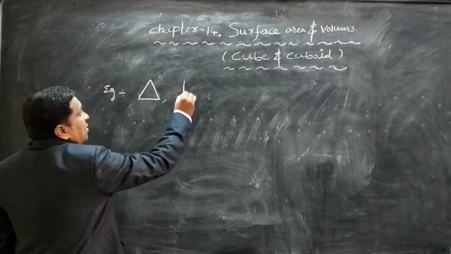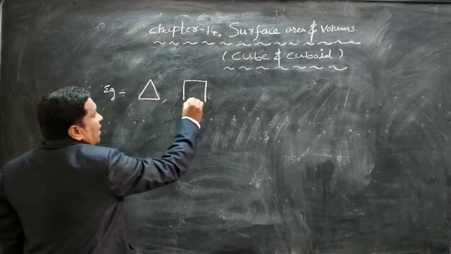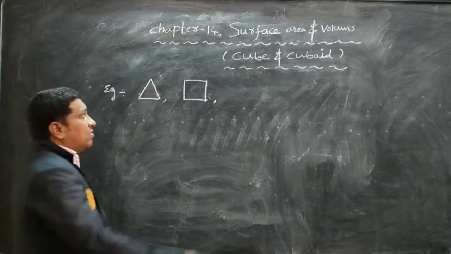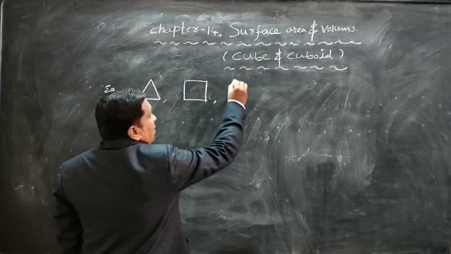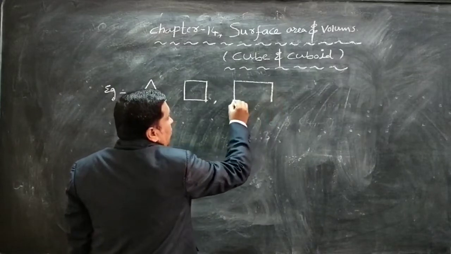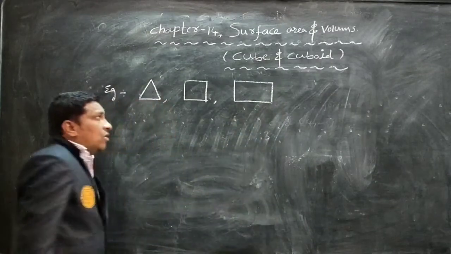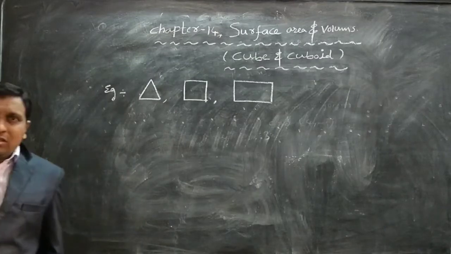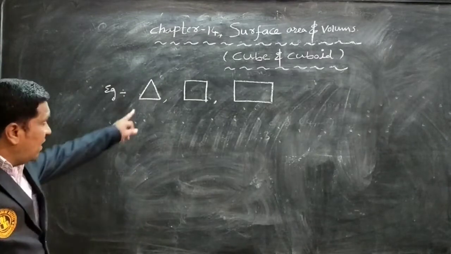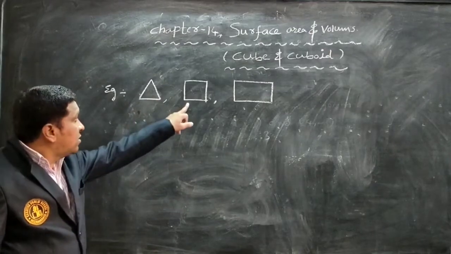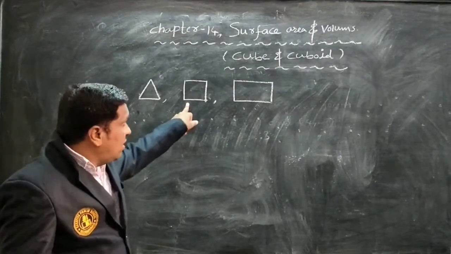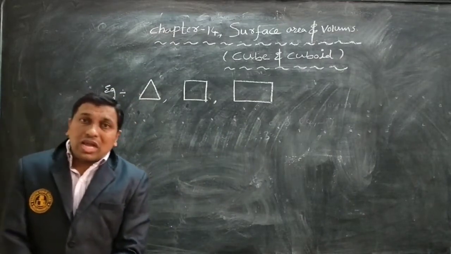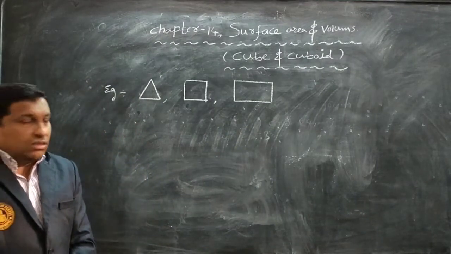This one is a square, and lastly, this one is a rectangle. We have to observe these three diagrams. First one, triangle. Second one, square. And lastly, rectangle. These are two-dimensional figures.